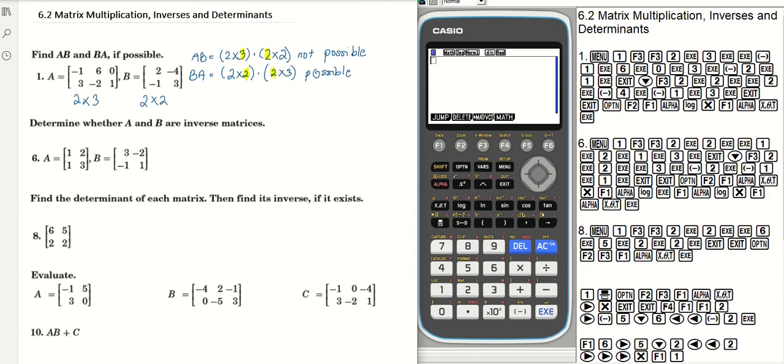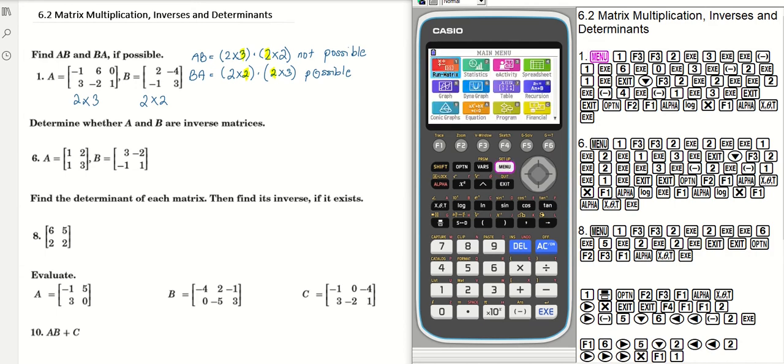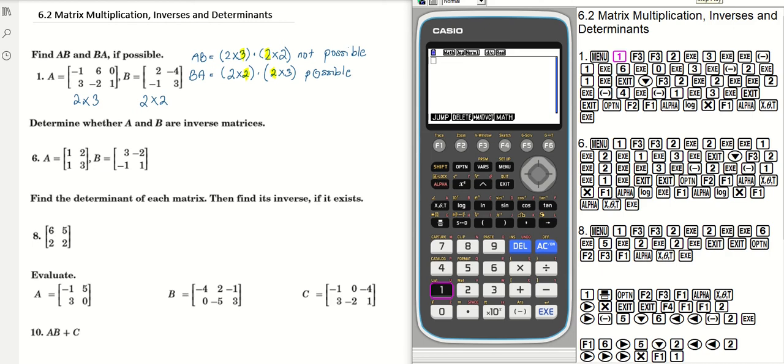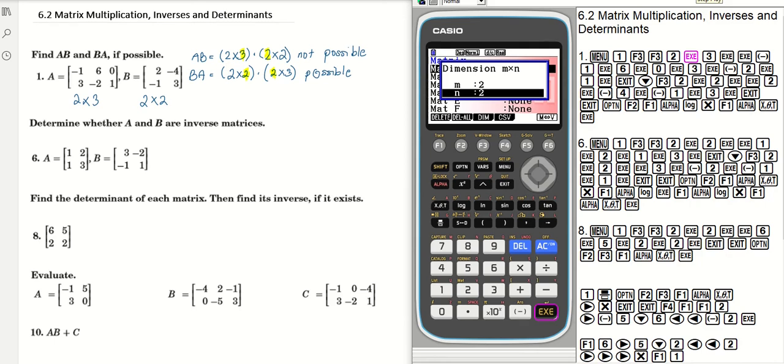So, to get the product of B multiply A, let's use the calculator. Press menu 1, go to matrix A, enter the dimension, which is matrix A is 2 by 3.